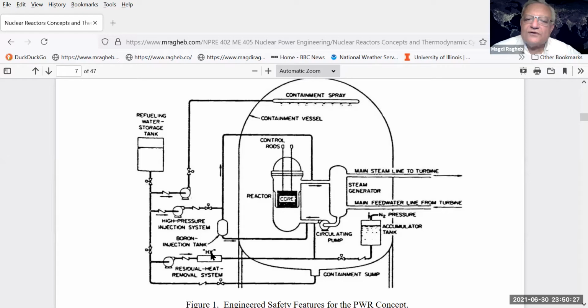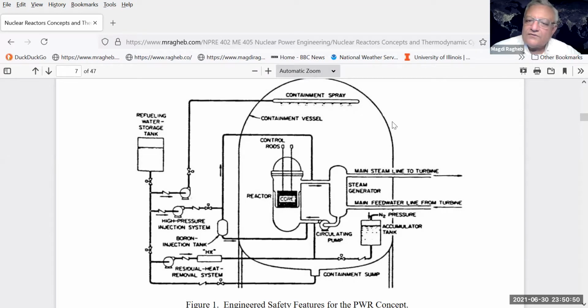If you get a breakage in the piping, steam would be released. So the refueling water storage tank becomes a source of water where you spray inside the containment. The containment is a steel shell. The steel shell is surrounded in the design by concrete.